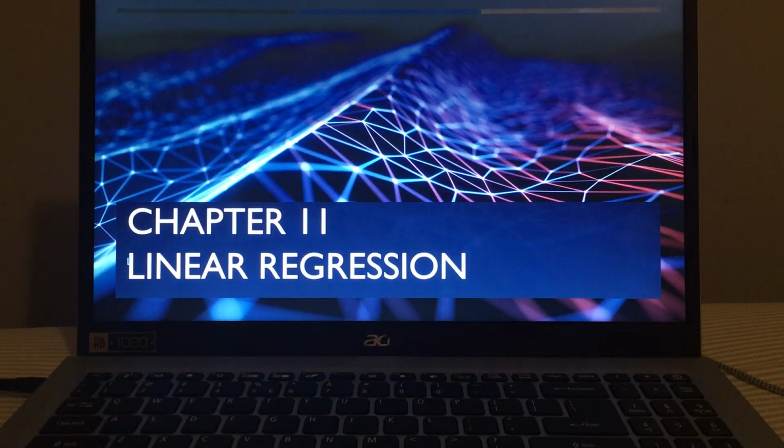The y-intercept is the point where the line crosses the y-axis on our coordinate graph. This is the value of y when x equals 0. For example, if you have the equation y equals 2x plus 5, then the y-intercept is 5.